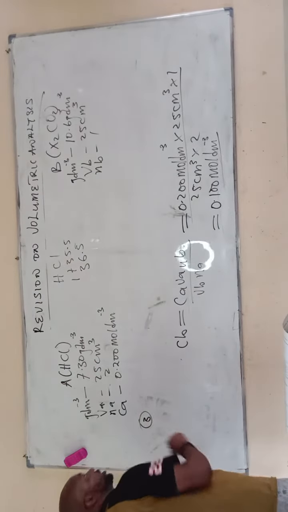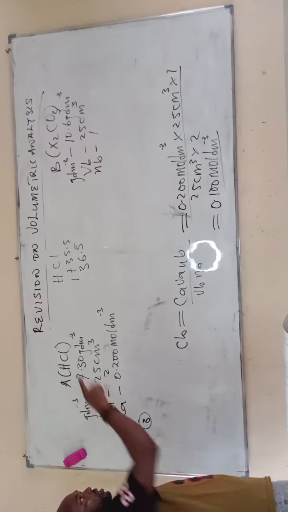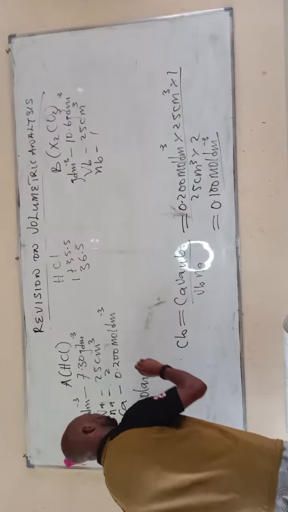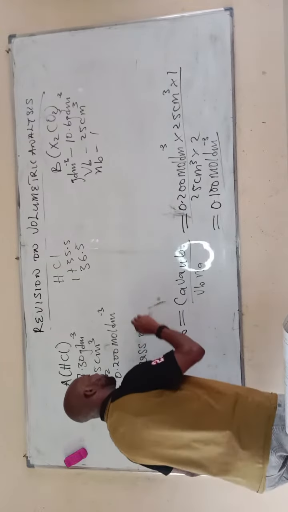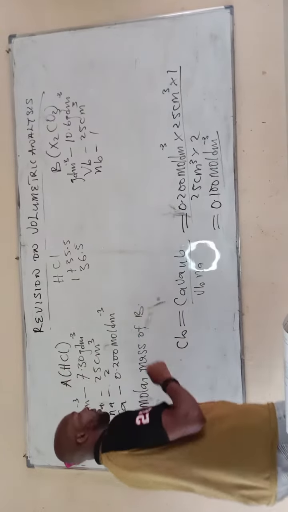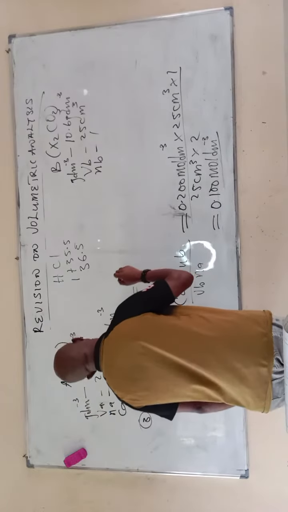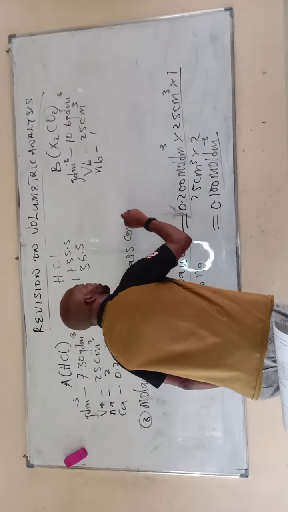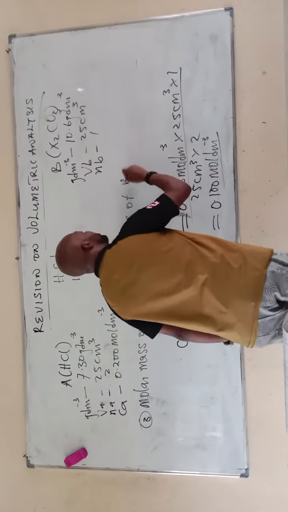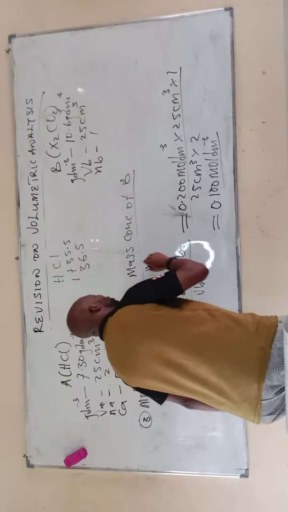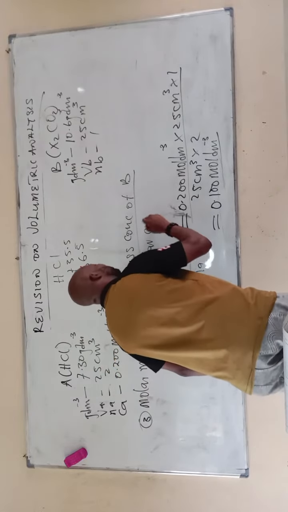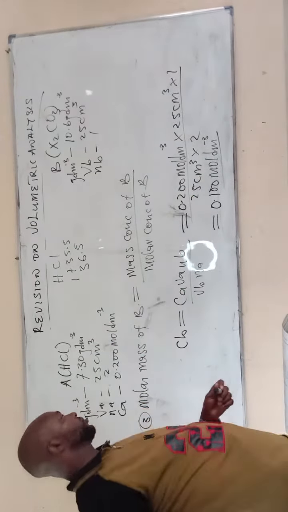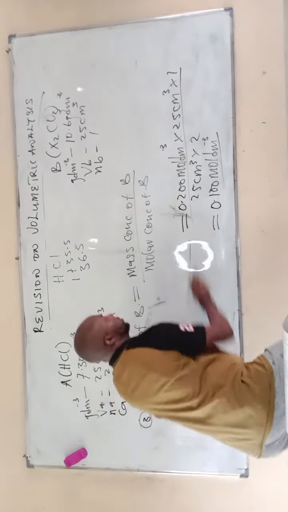So the third question here says molar mass of B. Molar mass is equals to mass concentration of B over molar concentration of B. So let's do.